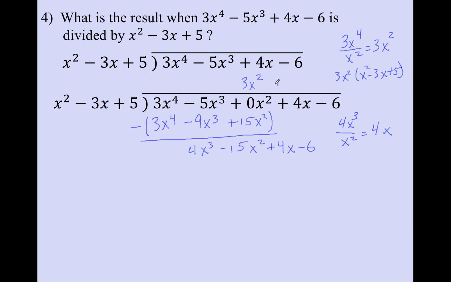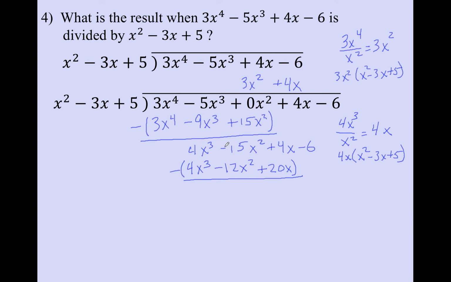Put the 4x right here. And then multiply 4x times x squared minus 3x plus 5 becomes 4x cubed minus 12x squared plus 20x. Draw the line, parentheses, subtract.